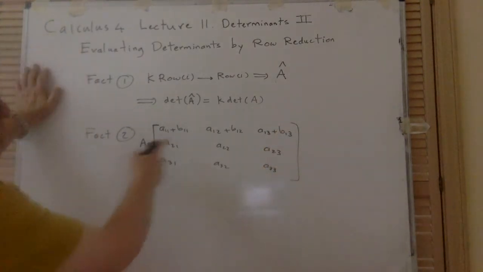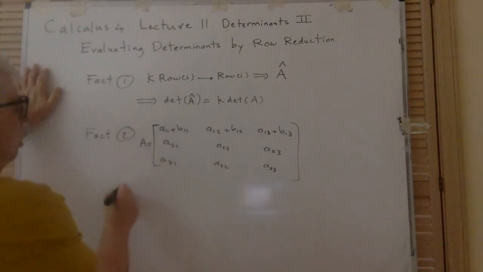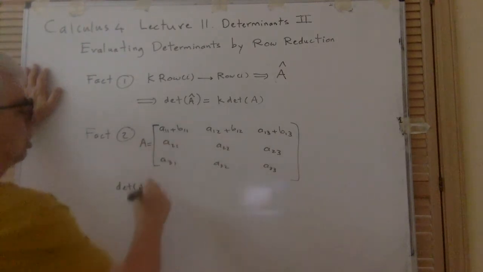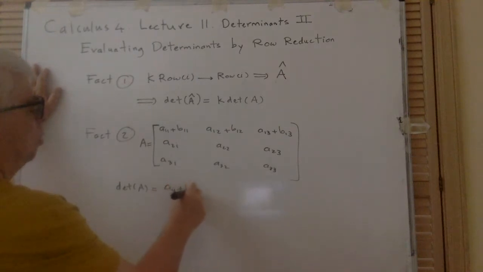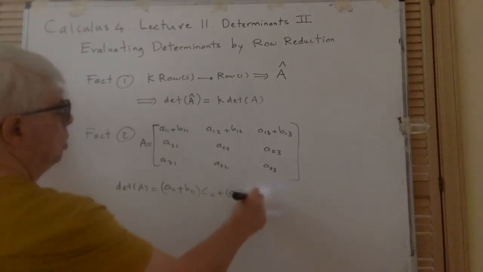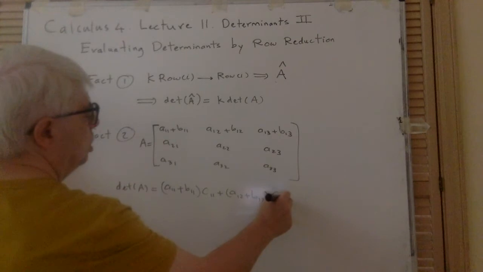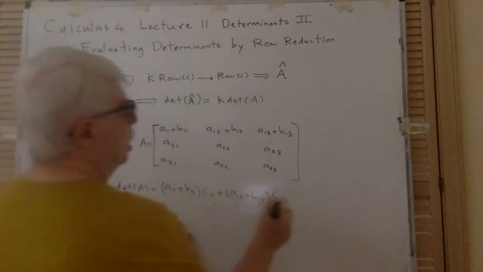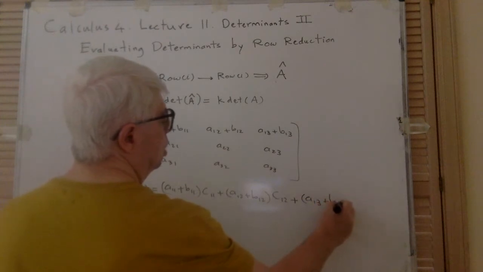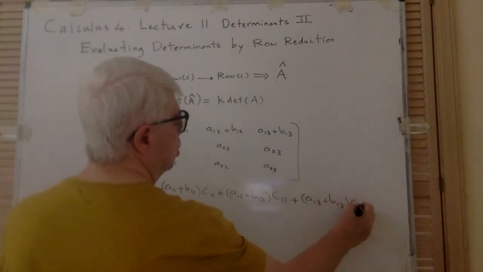The determinant of A, using cofactor expansion along the first row, will be A11 plus B11 times C11, plus A12 plus B12 times C12, plus A13 plus B13 times C13.